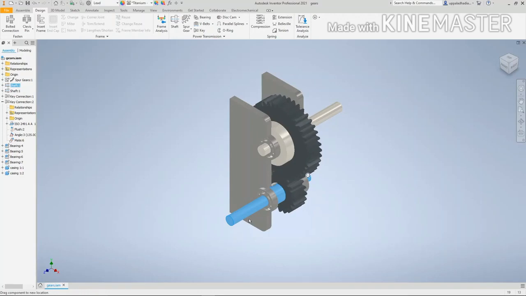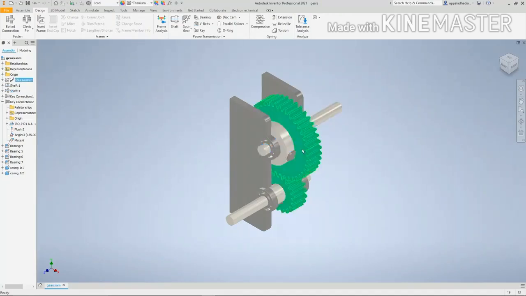We can see there are only two shafts provided. If the first shaft rotates in this direction, then this shaft will rotate in the opposite direction. If an odd number of shafts are provided, then the first shaft and the third shaft will rotate in the same direction.